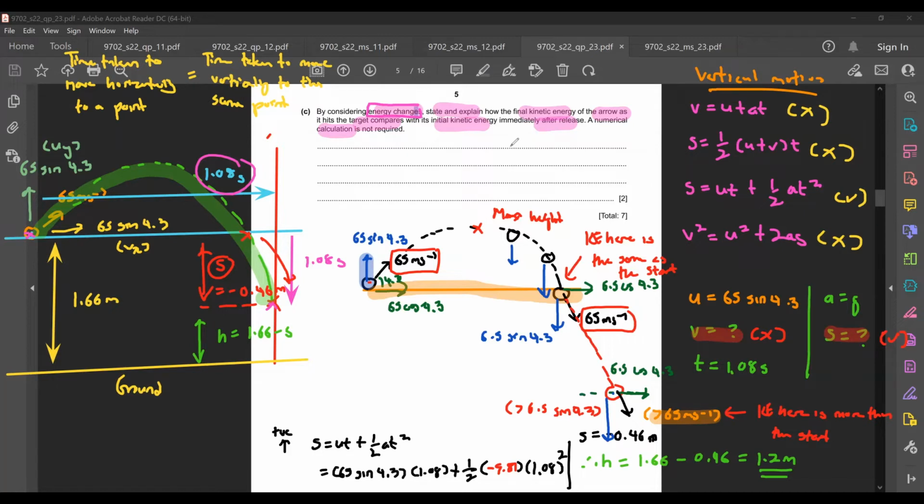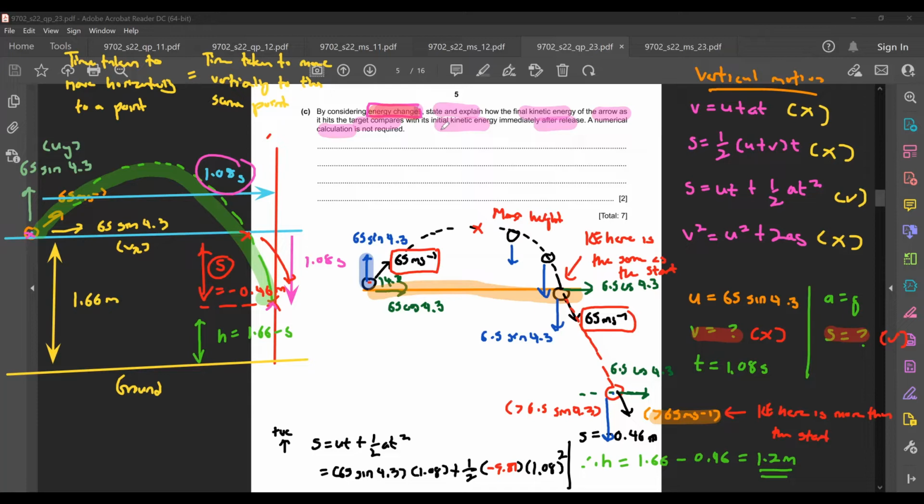The question actually wants you to explain it in terms of energy change. Energy change here would probably relate to using conservation of energy. So what are the things that you can say about energy changes or conservation of energy?